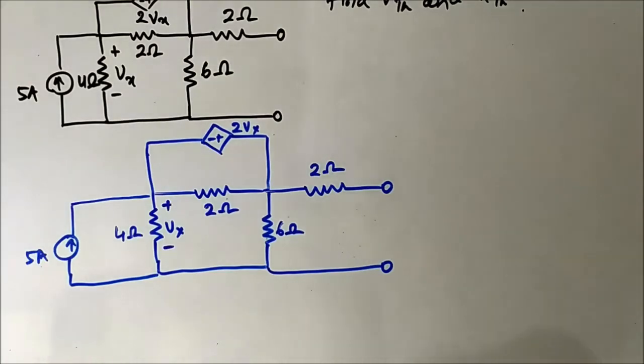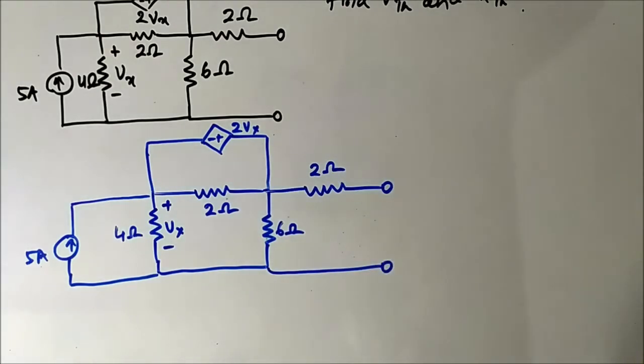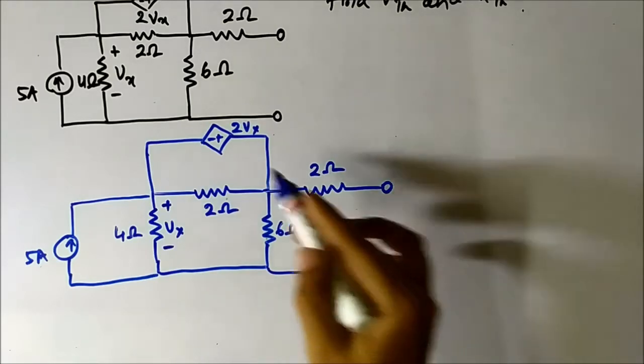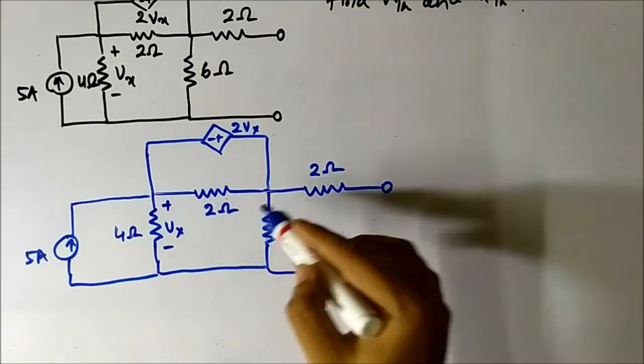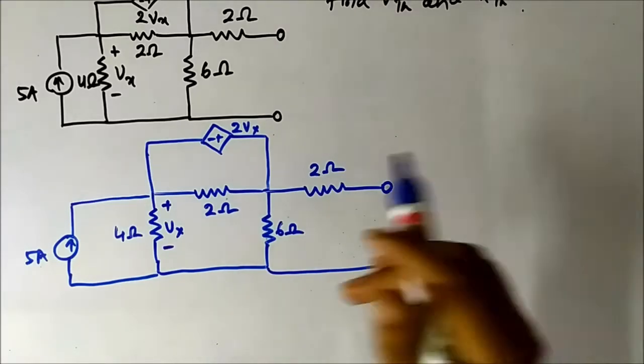Okay, so in circuits involving independent sources, what we used to do is that we simply deactivated them. Current sources were open circuited, voltage sources were short circuited, and then we just found the equivalent resistance between these two terminals across which the RTH was asked.